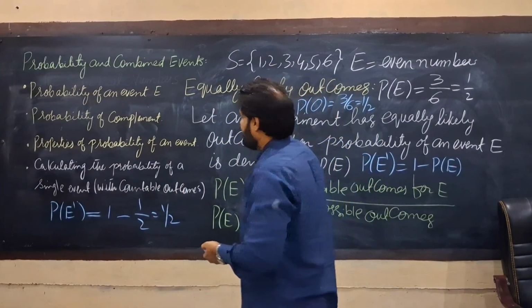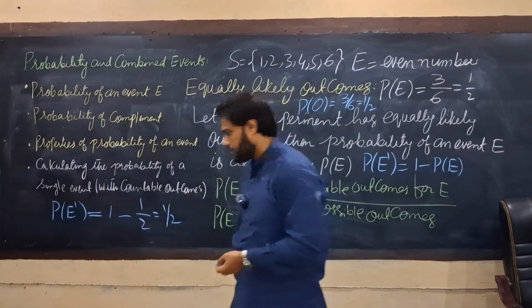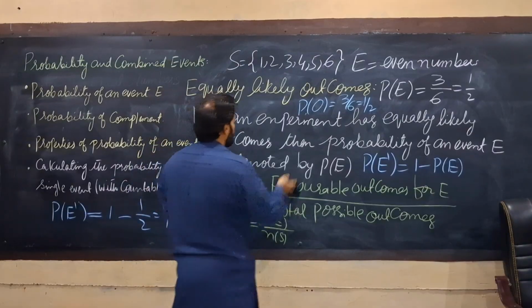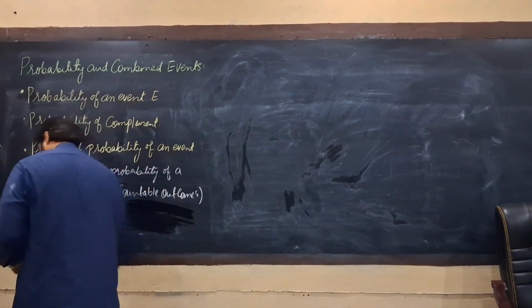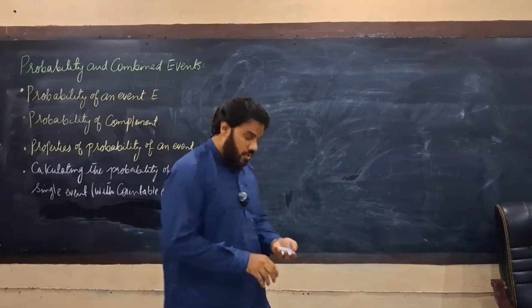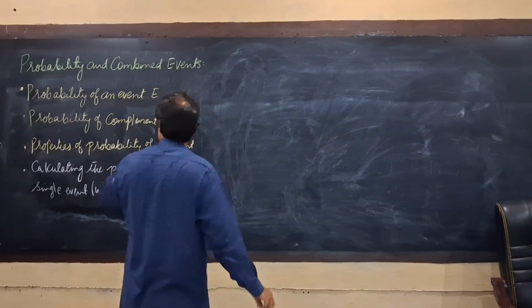Next we define the properties of probability of an event.